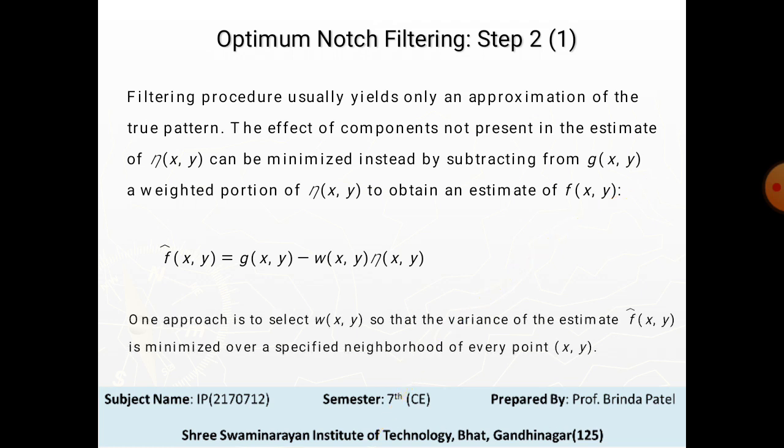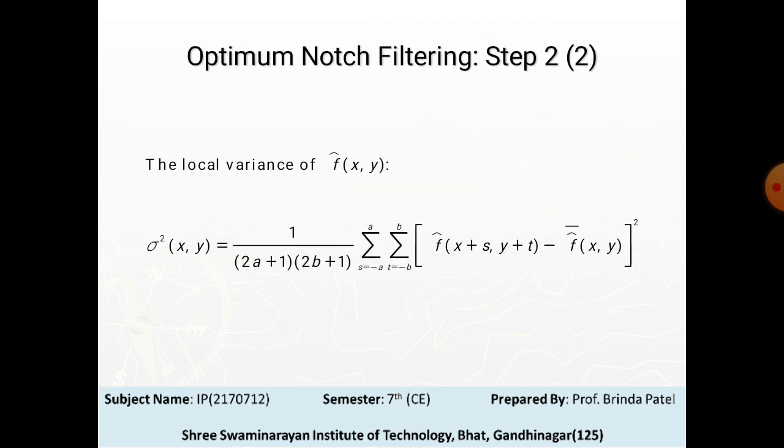So here one approach is to select w of xy so that the variance of the estimate f hat of xy is minimized over a specified neighborhood of every point xy. So here consider a neighborhood of size 2a plus 1 by 2b plus 1 about a point xy.